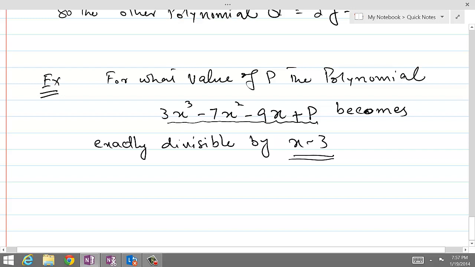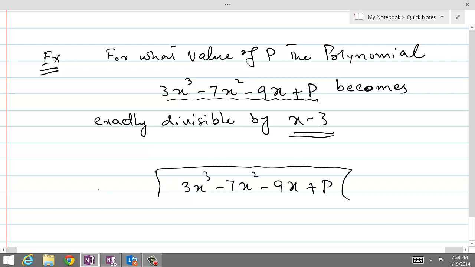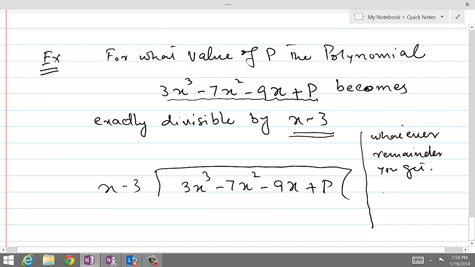Therefore, the hint is that you divide 3x cube minus 7x squared minus 9x plus p by x minus 3, and whatever remainder you get, if you put that remainder equal to 0, that should give you the value of p. So I'm going to write down that hint here. Whatever remainder you get, put it equal to 0 and get the value for p.